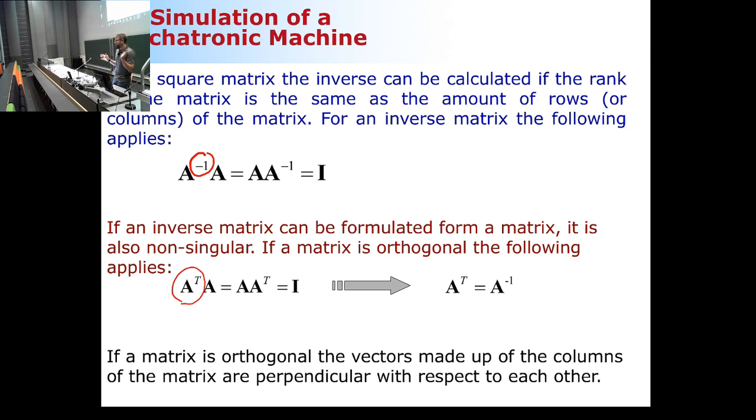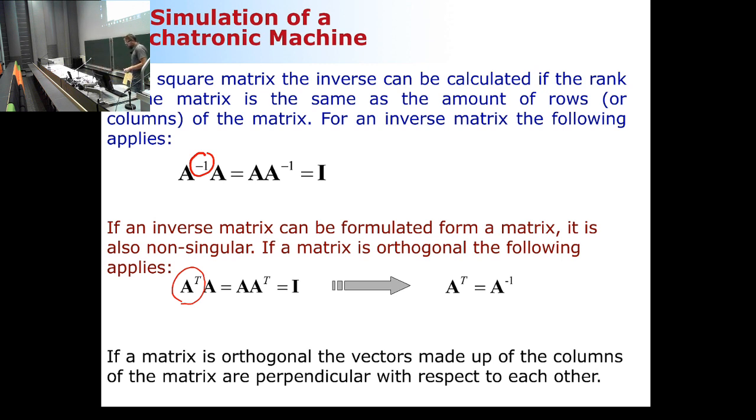This is a typical example of an orthogonal matrix, meaning that if you look at the columns of an orthogonal matrix, the vectors formed from the columns are perpendicular with respect to each other. In two-dimensional space, it is easy to understand what the perpendicular condition means: they are at 90 degrees with respect to each other. Three-dimensional space is also easy to understand. But the n-dimensional case becomes very difficult. You don't need to worry about that because at most we're dealing with three-dimensional space.